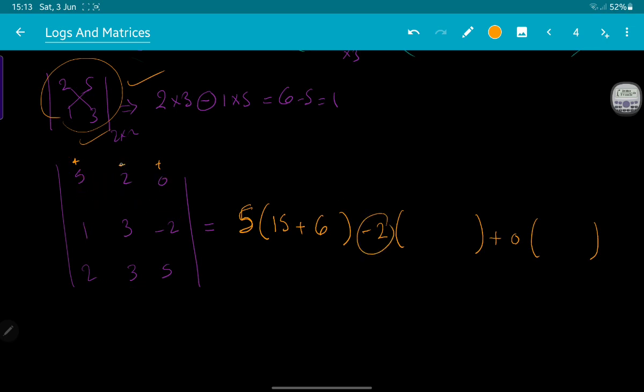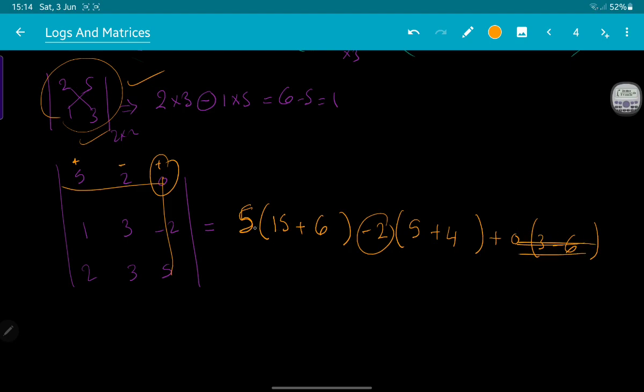Now for this negative 2, cancel this row and cancel this column. 1 times 5 is 5, minus negative 4, which is plus 4. Then the last one, when we cancel this, whatever the answer is, 3 minus 6, it's multiplied by 0, so this bracket will be cancelled.